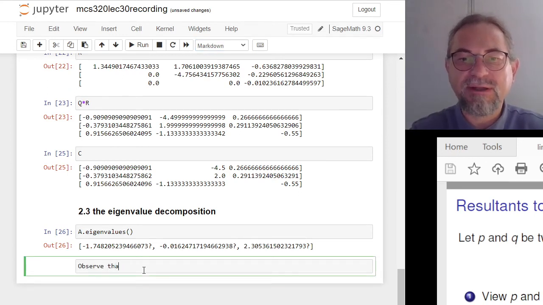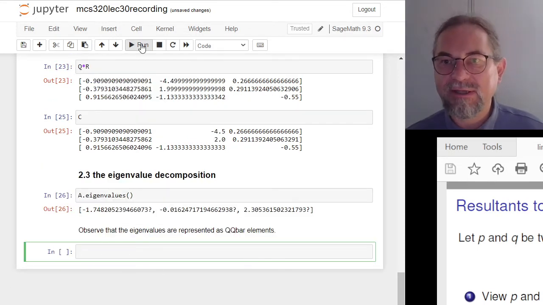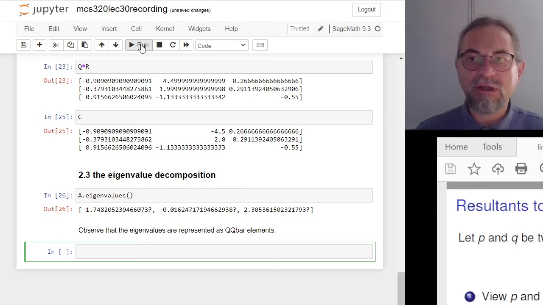Observe that the eigenvalue decomposition, or the eigenvalues, are represented as QQ bar elements. The question mark indicates that there is some uncertainty. I will not go into that, but this allows us to check the accuracy.